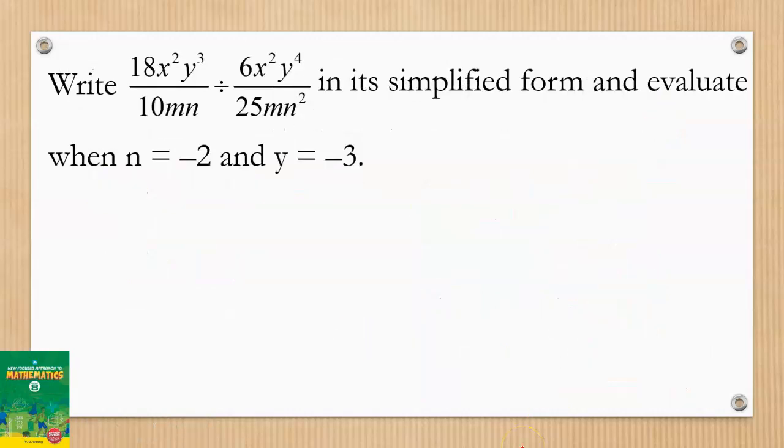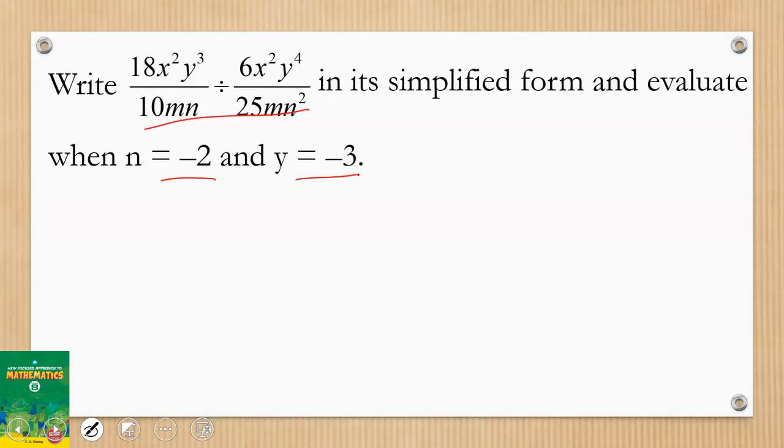In this example we have to write the whole of this expression in the simplest form and evaluate when n is -2 and y is -3. Now the question involves m and x, yet they gave us only for n and y. I don't know why, but let's simplify it and see.